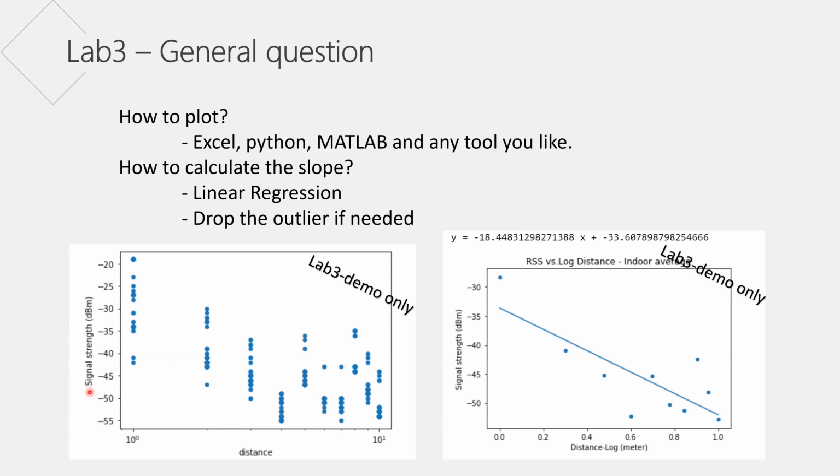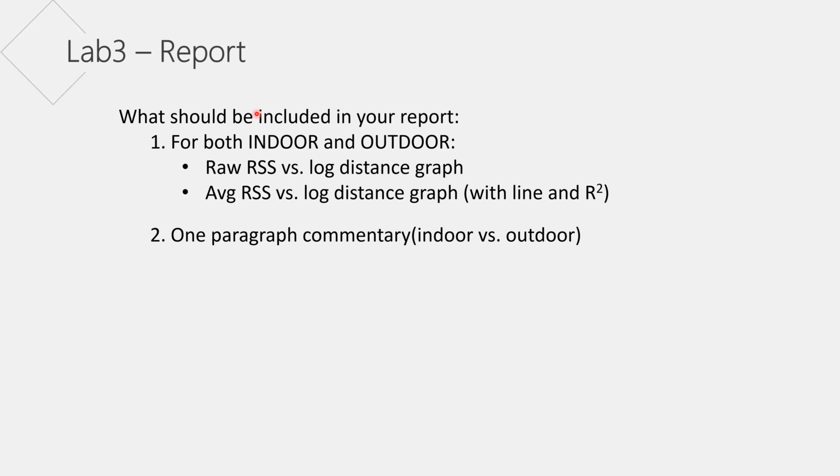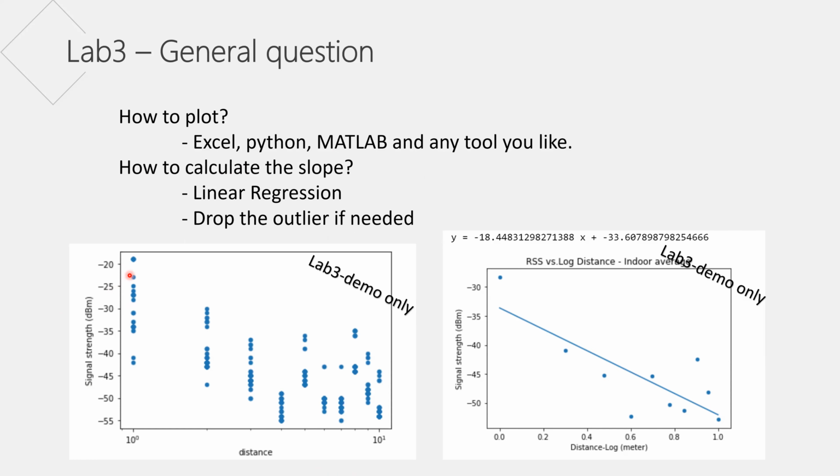The x-axis is the log scale distance, and the y-axis is the signal strength. The first graph we mentioned is the raw RSS data, so that's why there is a lot of scatter over here.